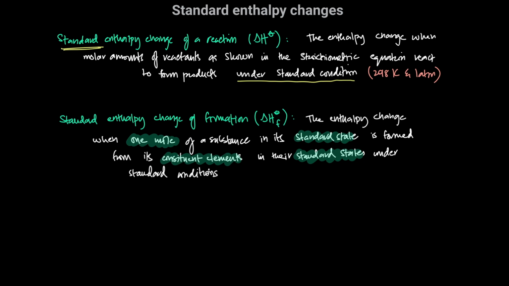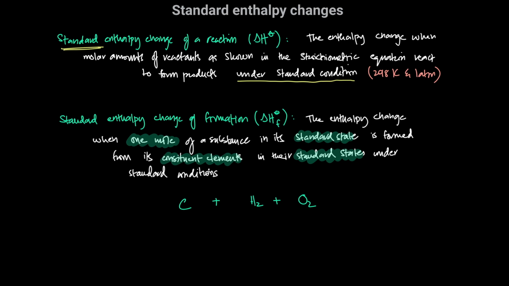So let's look at the reaction for which the enthalpy change is the enthalpy change of formation of ethanol. For ethanol, the constituent elements that we have are carbon, hydrogen, and oxygen.